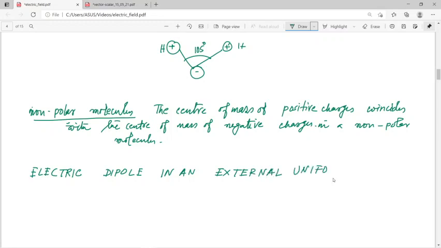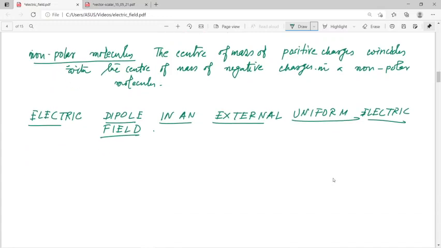When we place this electric dipole in an external uniform electric field, we consider the torque on a dipole in a uniform electric field.